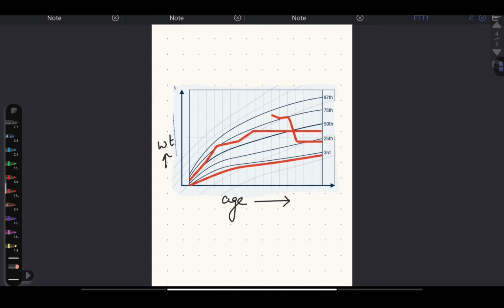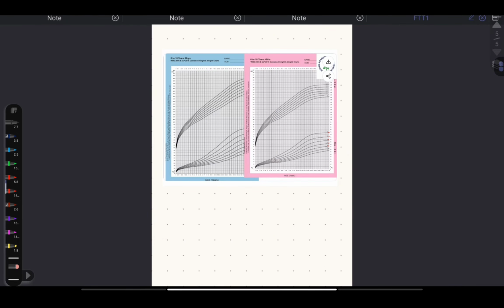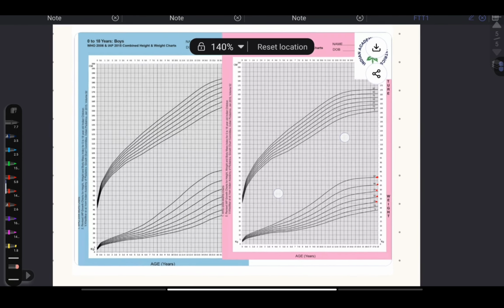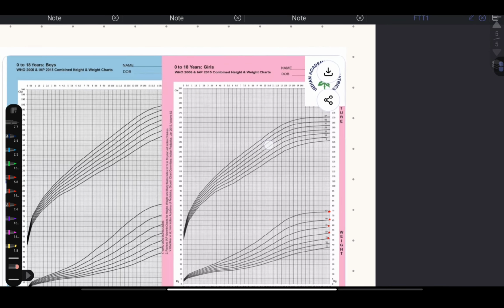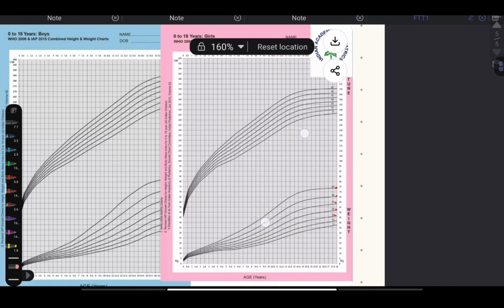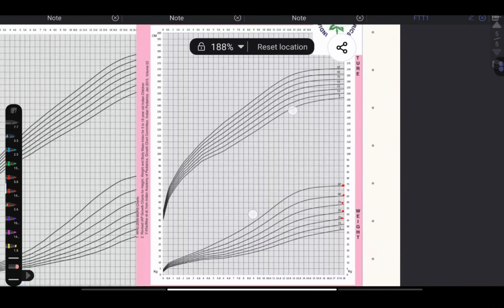Now we'll describe the same thing in the combined WHO and IAP weight and height charts. For better understanding, we'll focus on the girls chart. The girls are represented by the pink line, whereas the boys are represented by the blue color. So we'll focus currently on the pink graph.